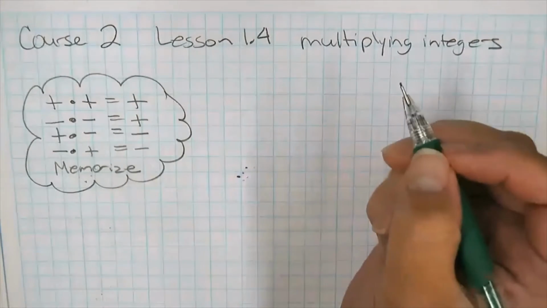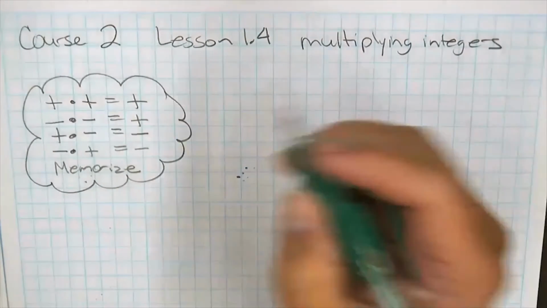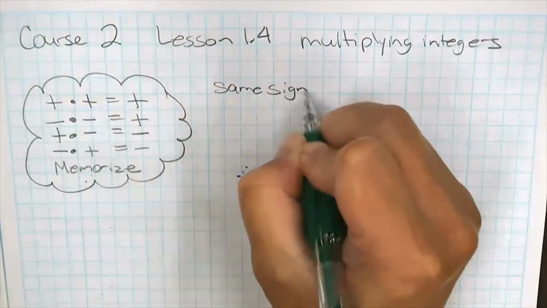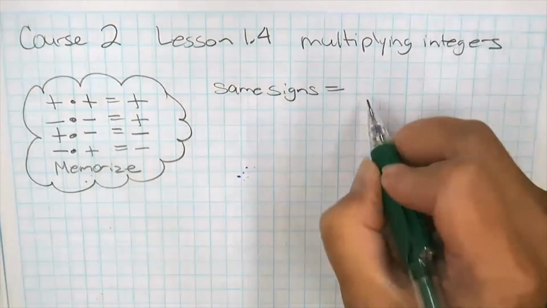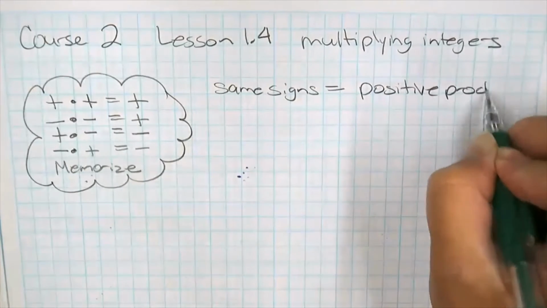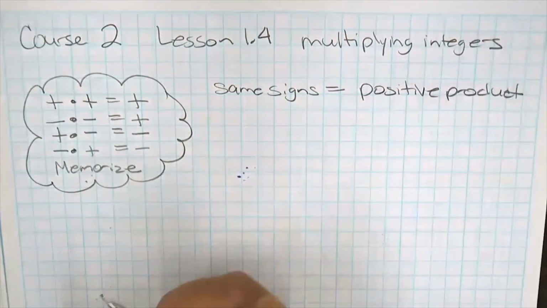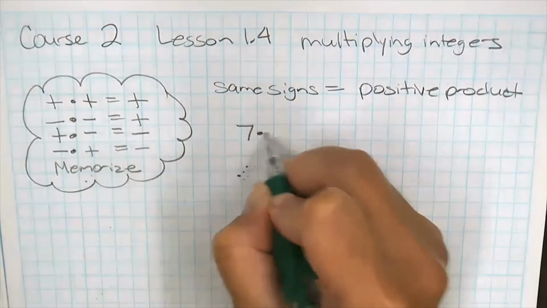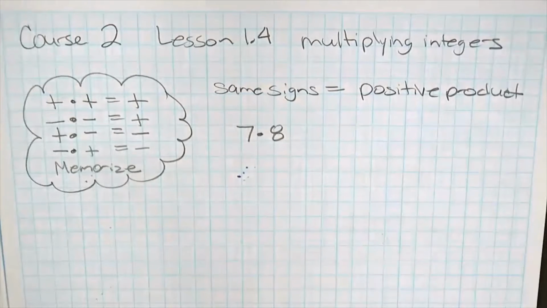When we're multiplying two numbers that have the same signs, you're going to have a positive product. So what does that mean? We have positive 7 times positive 8.